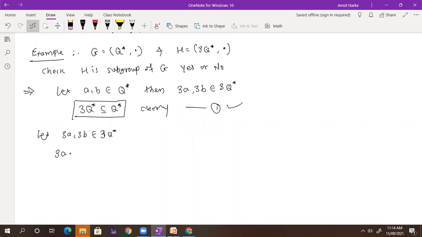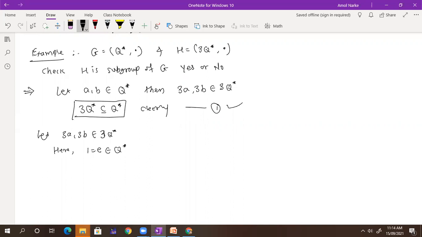So what is the identity here? One, which is nothing but e, which belongs to Q star. Keep one thing in your mind: whatever identity element you have for the group, the same identity is for the subgroup.